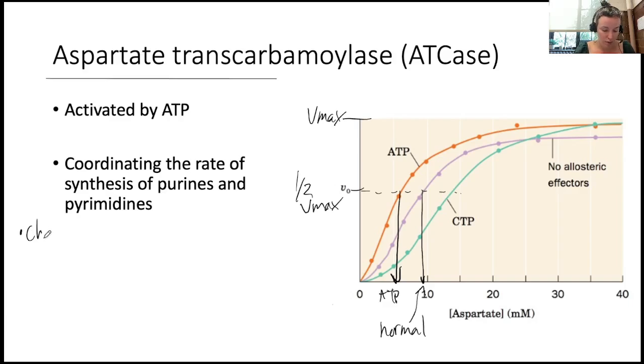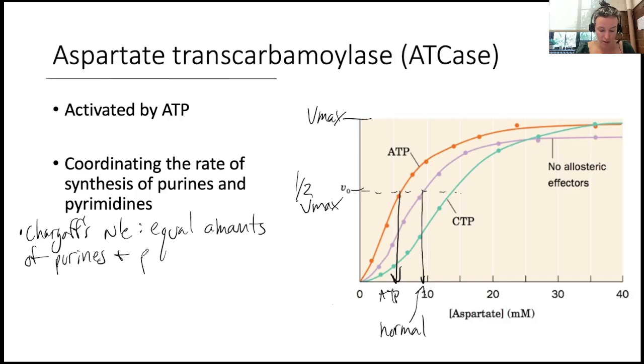Chargaff's rule basically tells us that the cell has equal amounts of purines and pyrimidines, right?